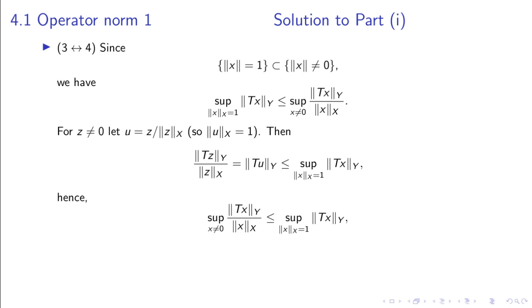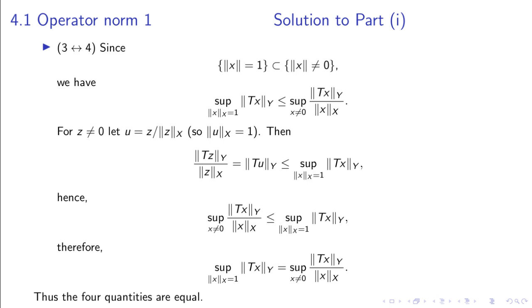Taking the supremum over all non-zero z, we get that the supremum over all non-zero x of ‖Tx‖_Y divided by ‖x‖_X is less than or equal to the supremum of ‖Tx‖_Y over the unit sphere. Combining the two inequalities, we obtain equality of these two quantities. Putting everything together, we have shown that all four expressions in part 1 are equal. This completes the solution to problem 4.1, part 1.